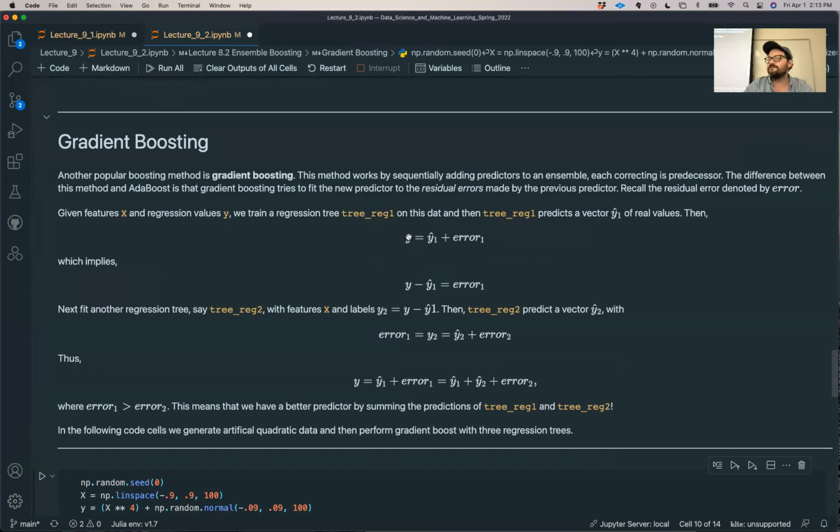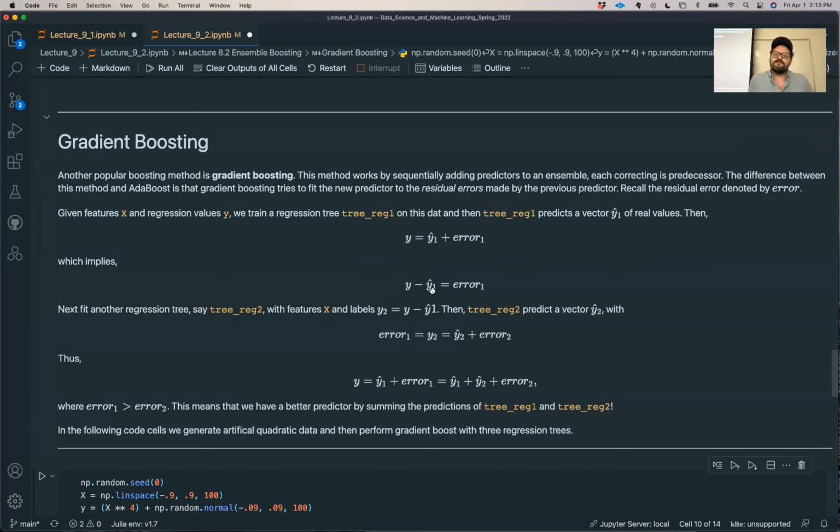The true real labels are denoted by Y. So this is equal to our predictions plus some error term, right? We're not going to get perfect answers. There's going to be error here. So that error is equal to Y minus Y hat, right?